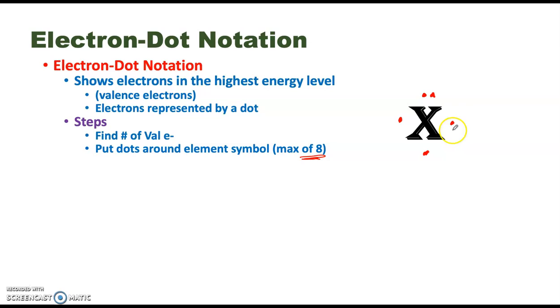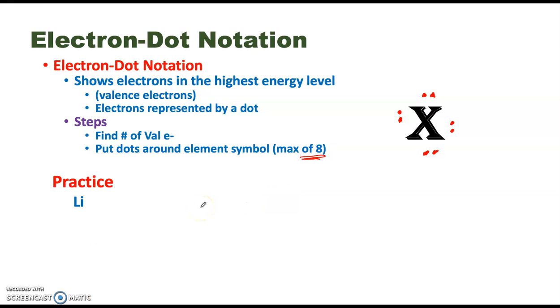The 6th electron goes here, 7th electron, and then the 8th electron would look like that. So if you have the maxed out number of valence electrons, you'll have 4 pairs: a pair on top, a pair on the side, a pair on the bottom, and a pair on the other side. So that's how you do it.